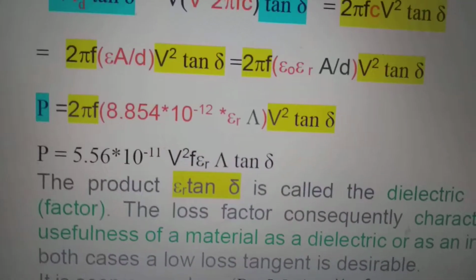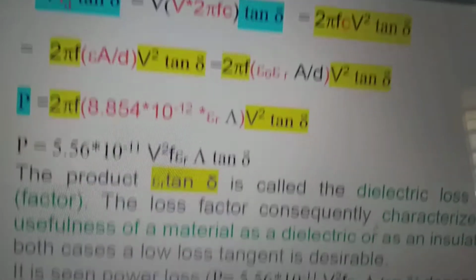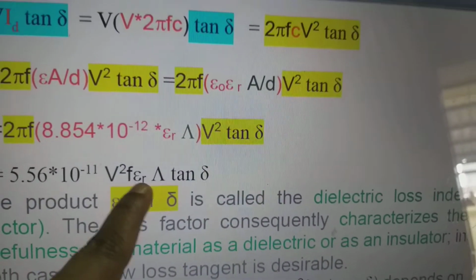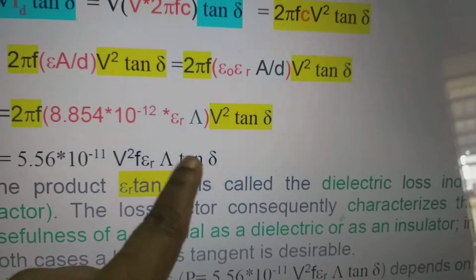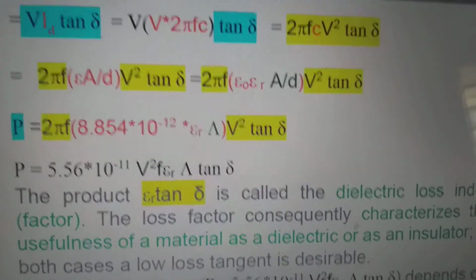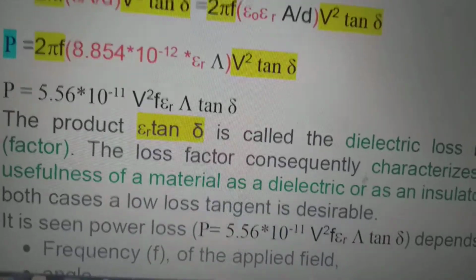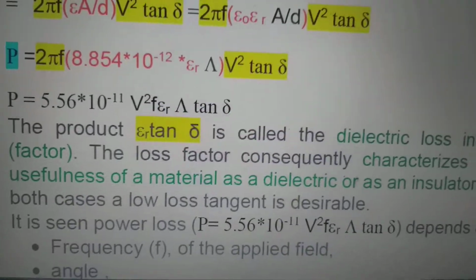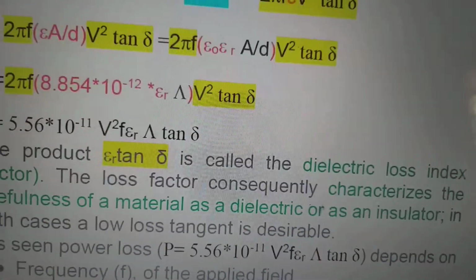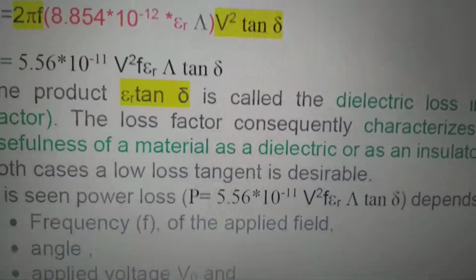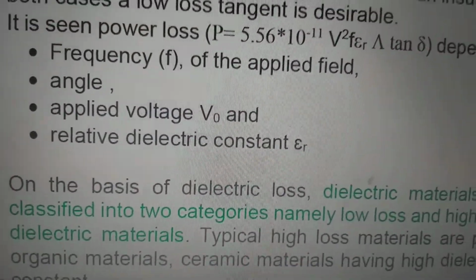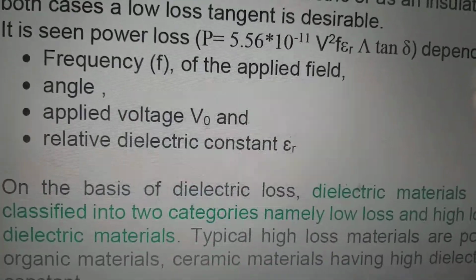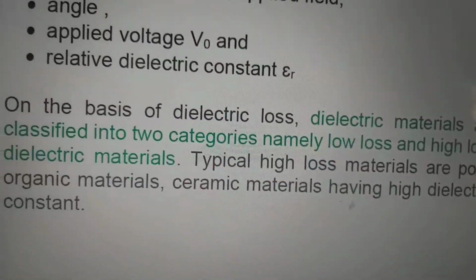From this we know that the dielectric loss depends on: number 1, the applied voltage; number 2, frequency; number 3, relative permittivity; and number 4, the loss angle delta. Epsilon R into tan delta is also known as the dielectric loss index factor. On the basis of dielectric loss, the materials can be divided into two types: low loss dielectric and high loss dielectric materials.